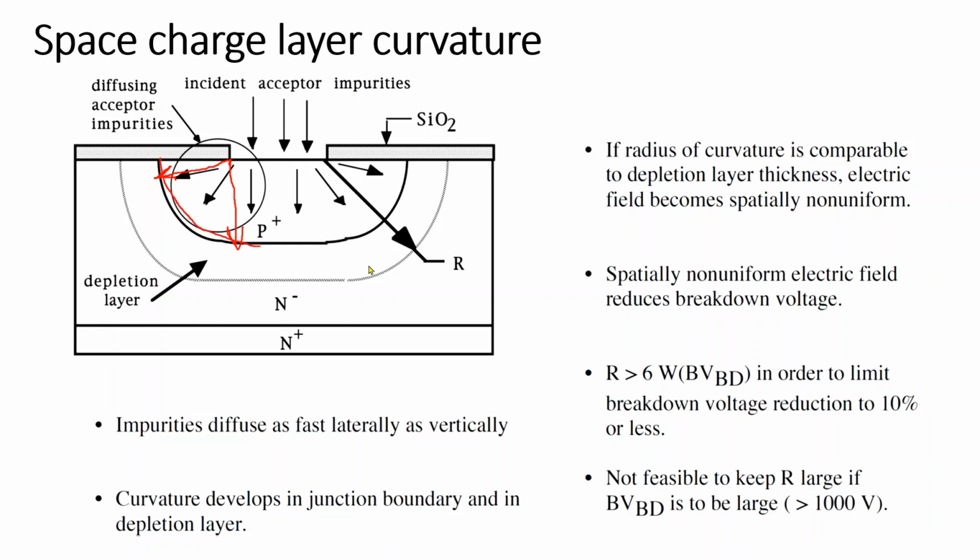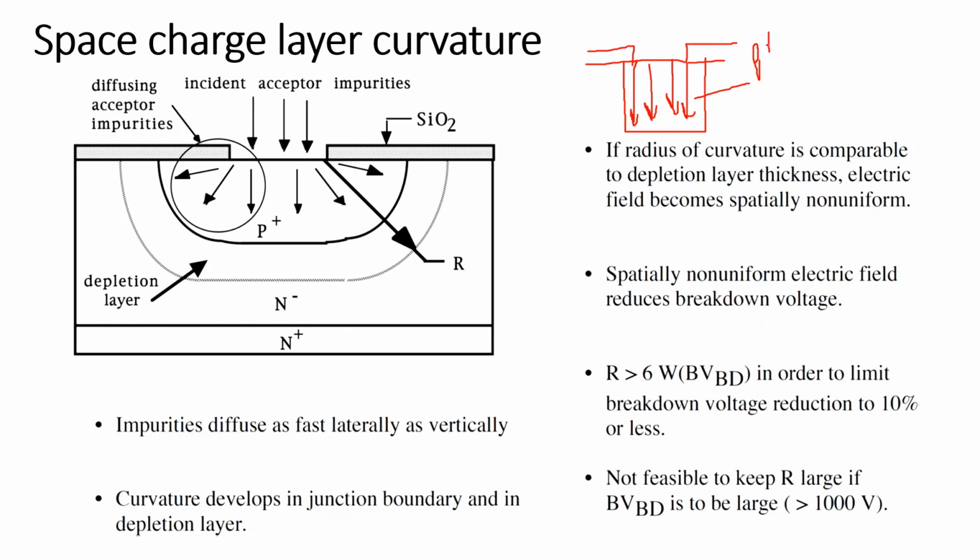Okay, so if this would be the case that we have a window, the mask here, and from here the acceptor atoms diffuse in this direction only, then we will get this type of P plus structure only.